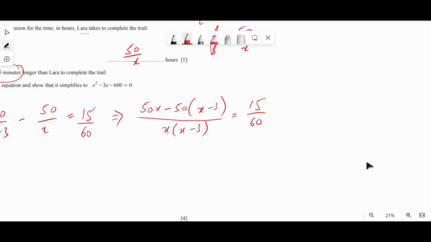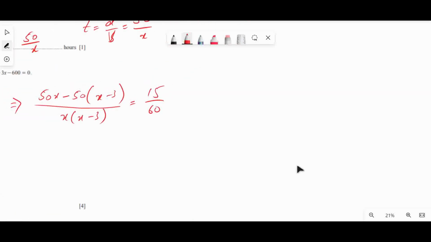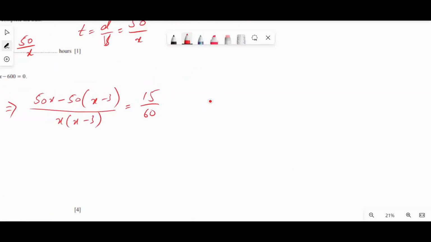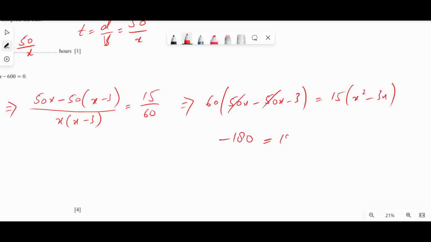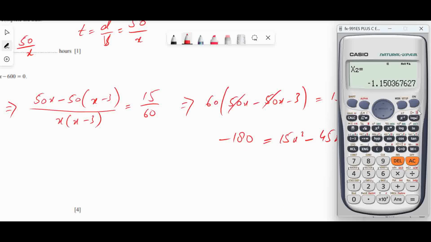So if we cross multiply it, this will be equals to 60 into 50x minus 3 is equals to 15 into x square minus 3x. So we can cancel out these two. So this will be minus 180 is equals to 15x square minus 45x. Now if we divide it by 5, we need to change it.